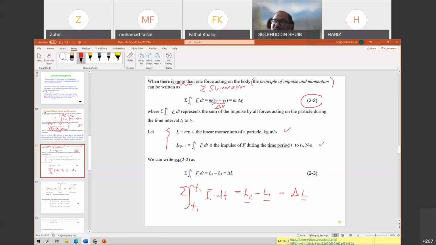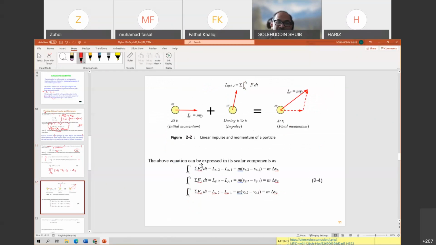Okay, to make this concept clearer, we look at this figure. This figure basically is the figure of linear impulse and momentum of the particle. We have initial momentum and final momentum.